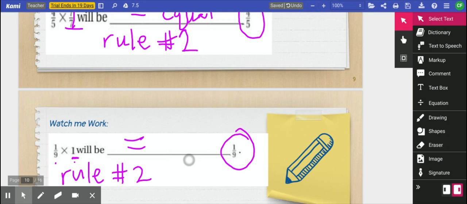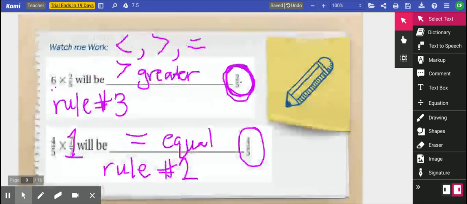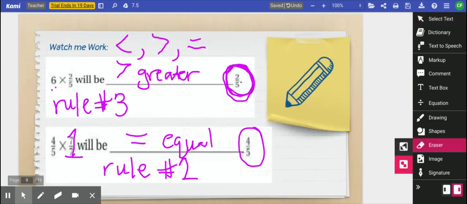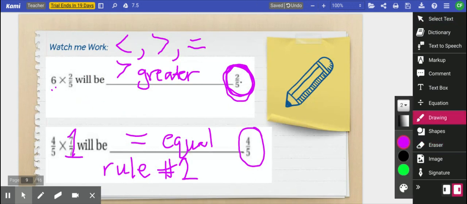Boys and girls, I just want to go back for a moment. Let's say I was doing this and I forgot my rules. I could not remember them at all. Remember, you don't have to; these rules are to help you work smarter, not harder. If I could not remember these rules at all, I would simply solve the equation. So I would say, okay, 6/1 times 2/5 is 12/5.